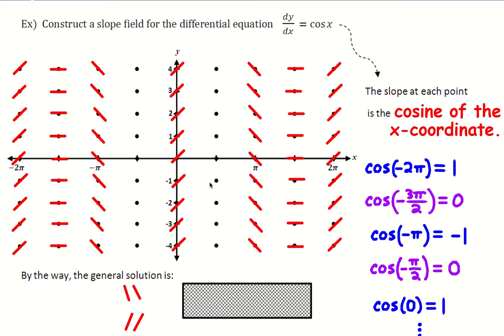Alright, so the cosine of, wait a darn second, 2 pi. So, wait a minute. The cosine of pi is -1.